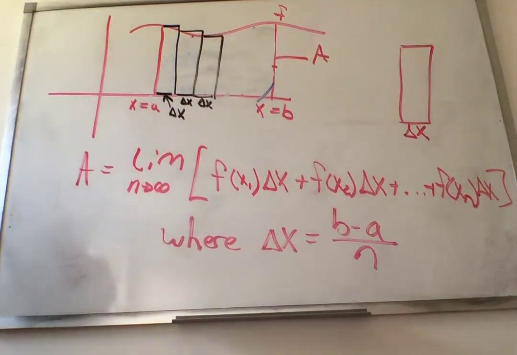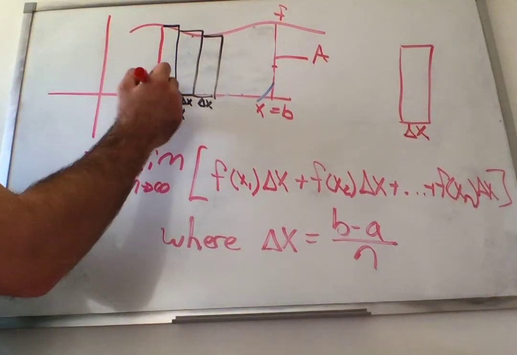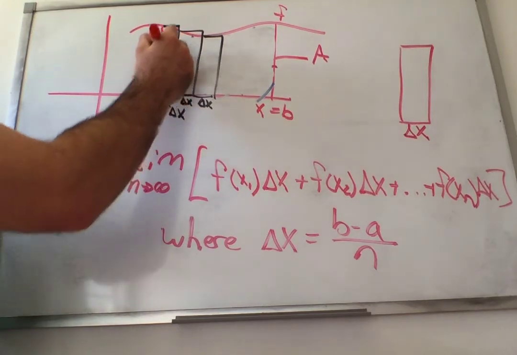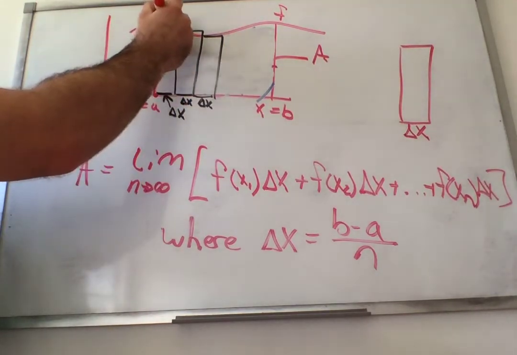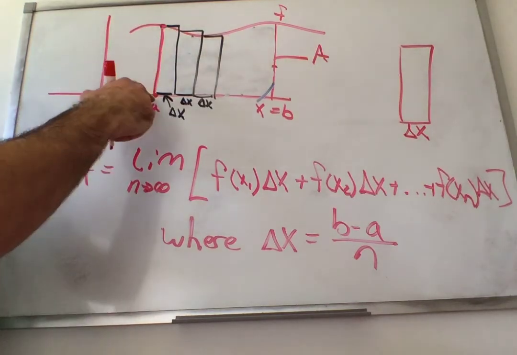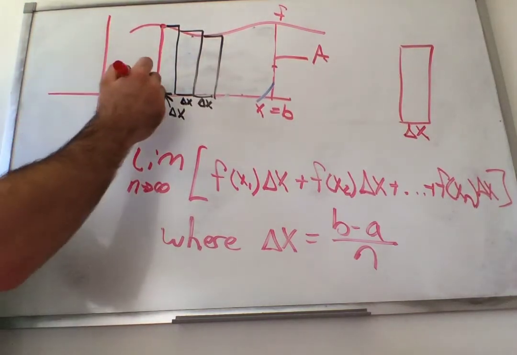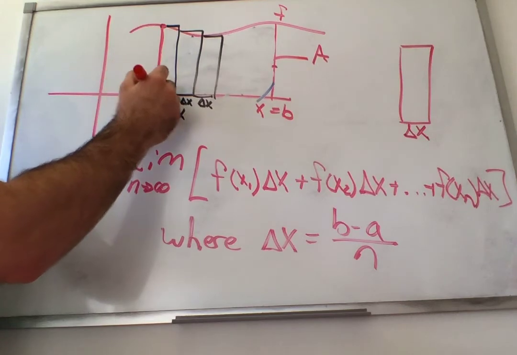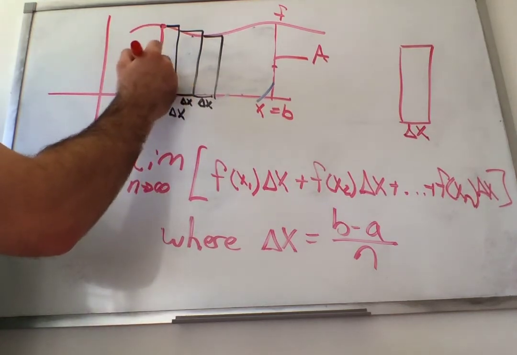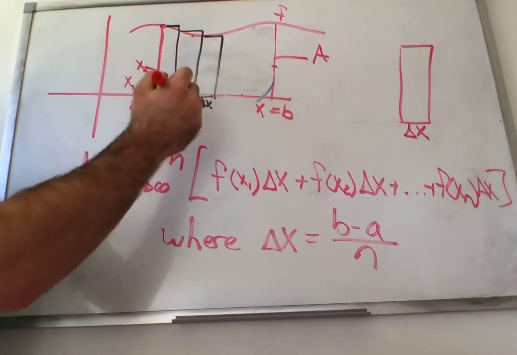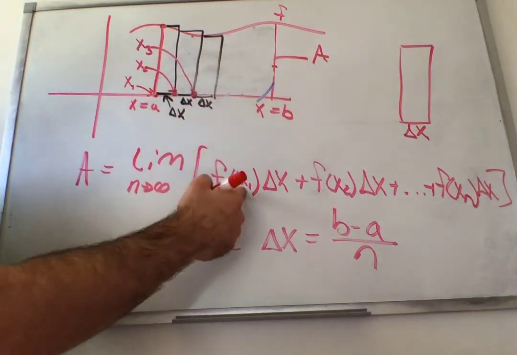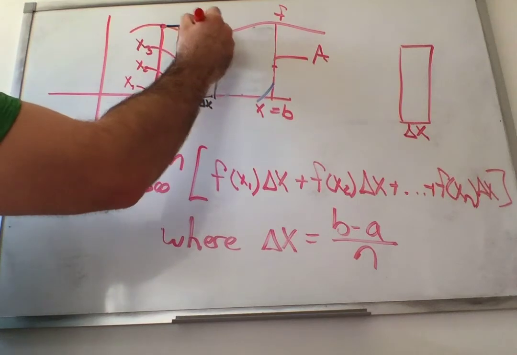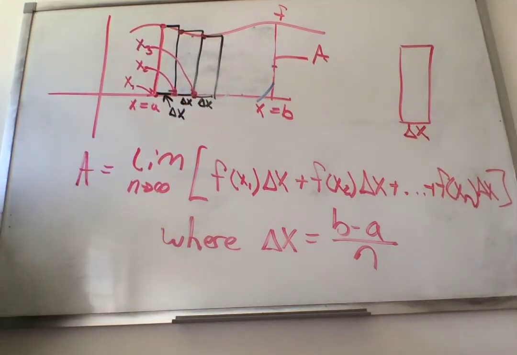But now let's look at the height. Now, this point right here goes all the way up, and that's the height of the rectangle. The height of the rectangle is its function value at whatever point that is. We could say that this is x1 right here, then x2 would be this next point right there. x3 would be the next point right there, and those all correspond to the function values at that x value.